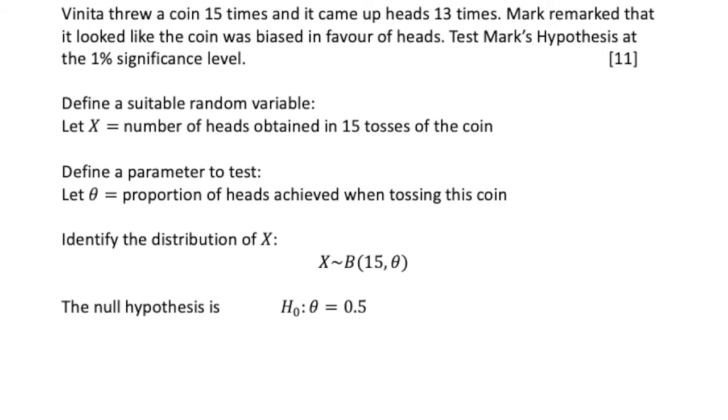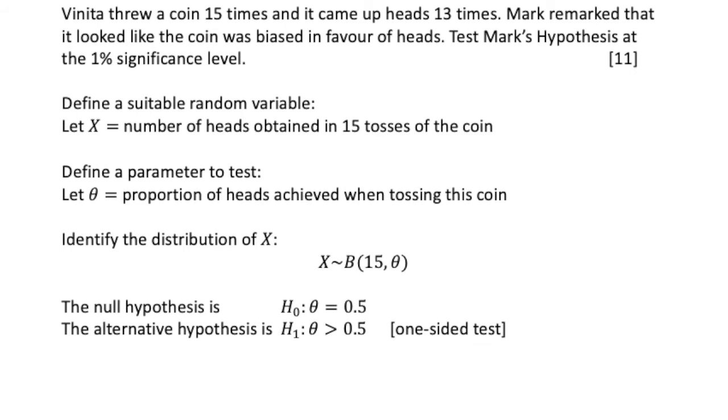Mark is claiming that the coin is biased in favour of heads. So he believes the probability of achieving a head each time we toss the coin is more than 0.5. So if I were to write that in the usual way, the alternative hypothesis, which we denote by capital H subscript 1, is theta is greater than 0.5.